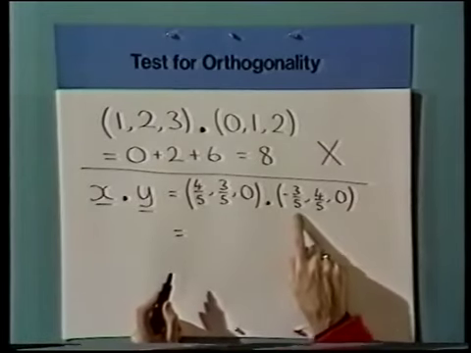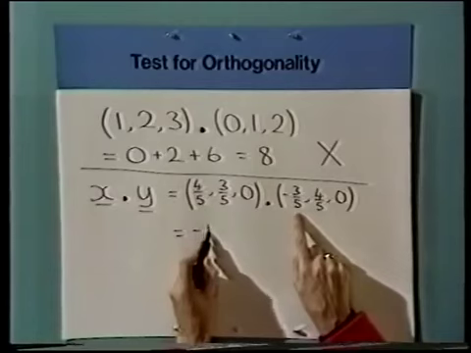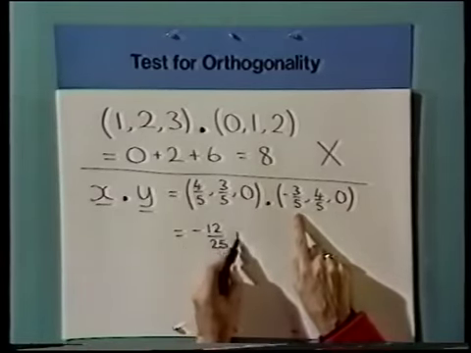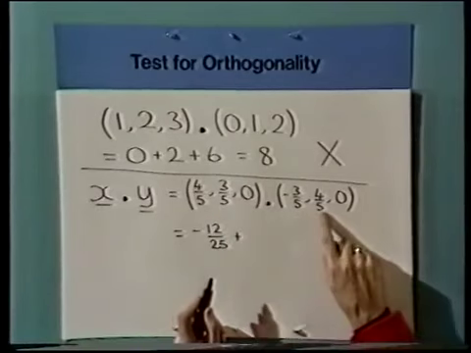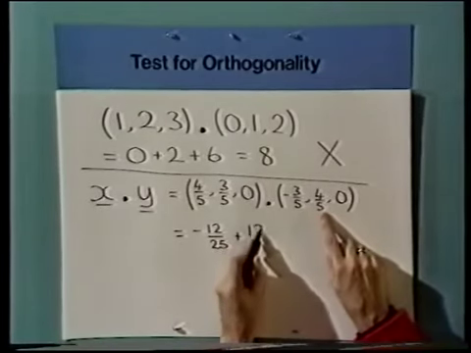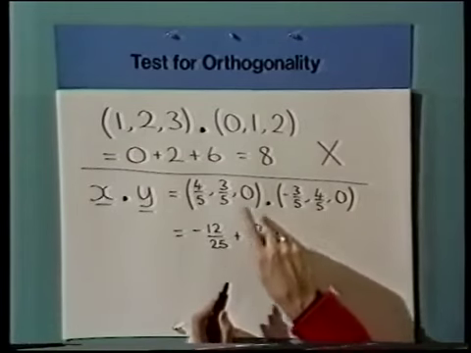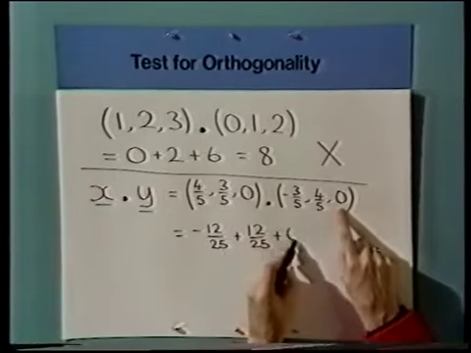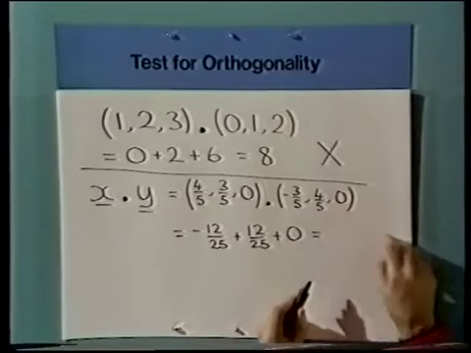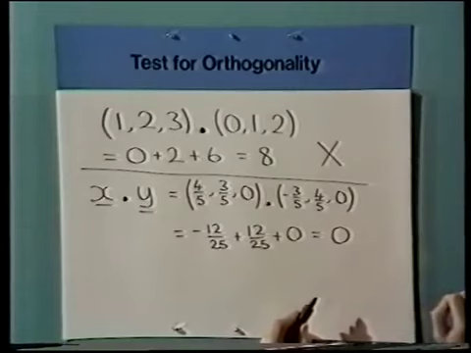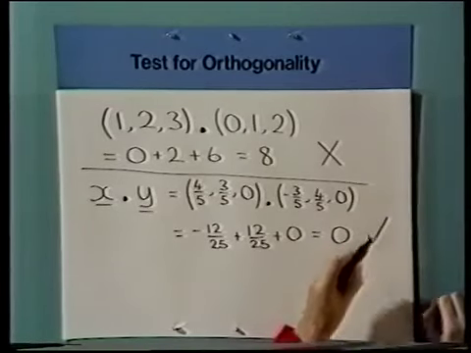This times this is minus 12 over 25, plus 3/5 times 4/5, that's plus 12 over 25, plus 0 times 0, that's just 0, and adding these up gives us 0. So, in other words, x and y are orthogonal.